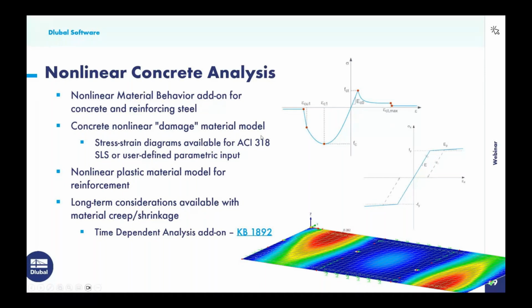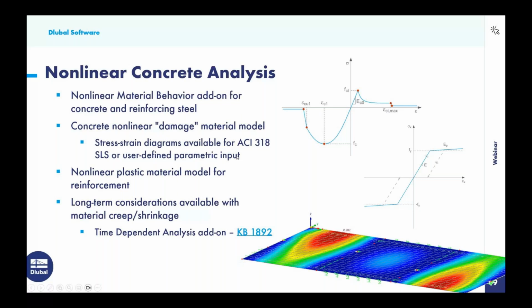You can see here the stress strain diagram that's available for the ACI 318. We would also utilize the user defined for something like the CSA standard. So these standards are not so clear on nonlinear design approaches. So this is why we also offer this user defined parametric input for you as a user to define here the stress strain diagram directly.